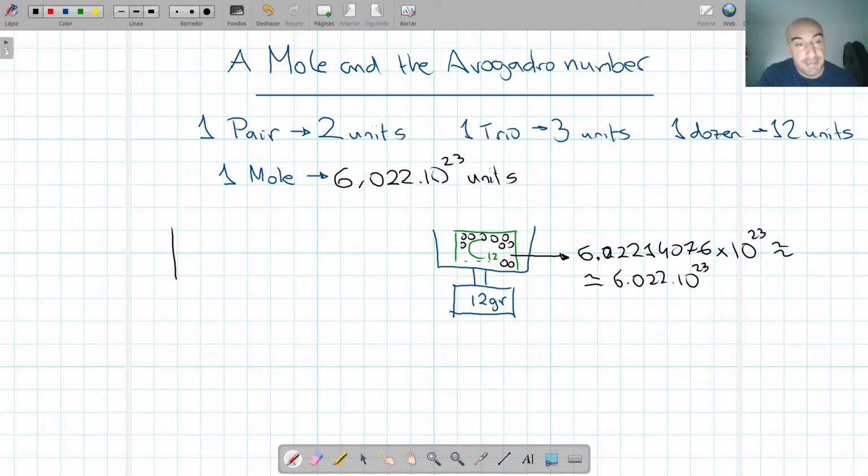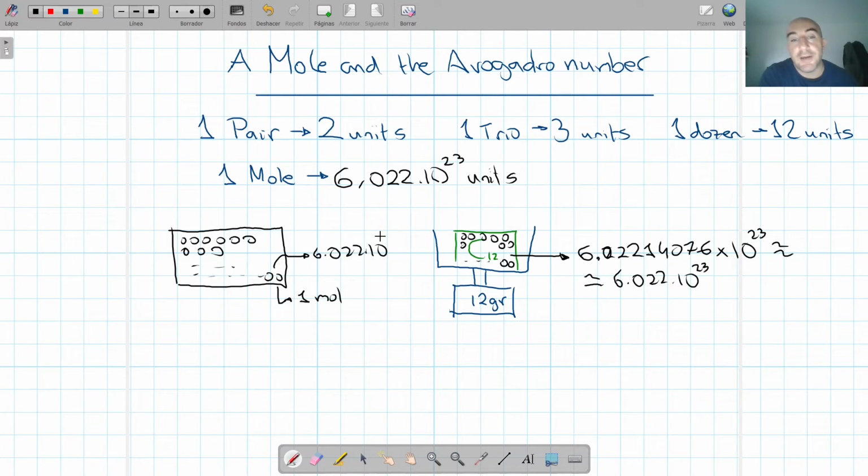It is like a packet that contains exactly 6.022 times 10 to the power of 23 of whatever we're counting.